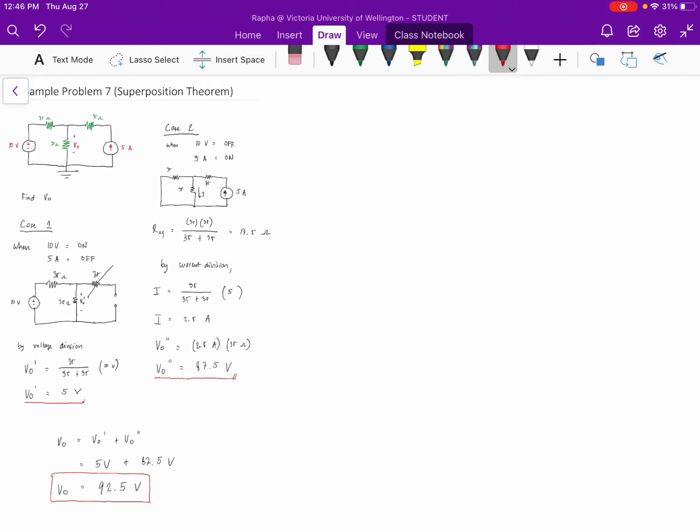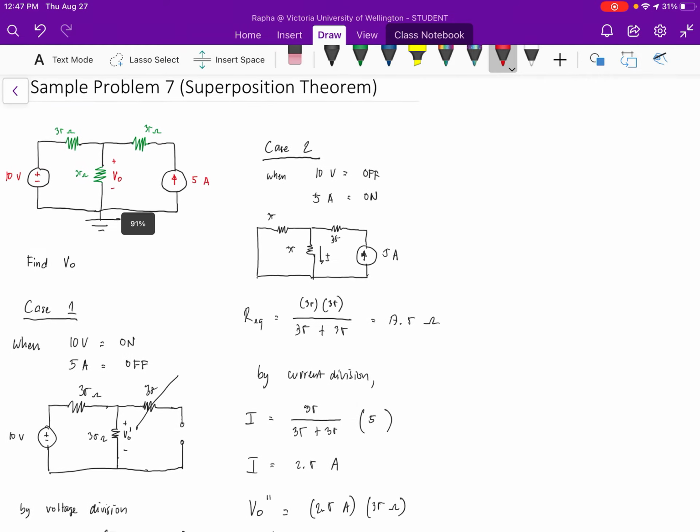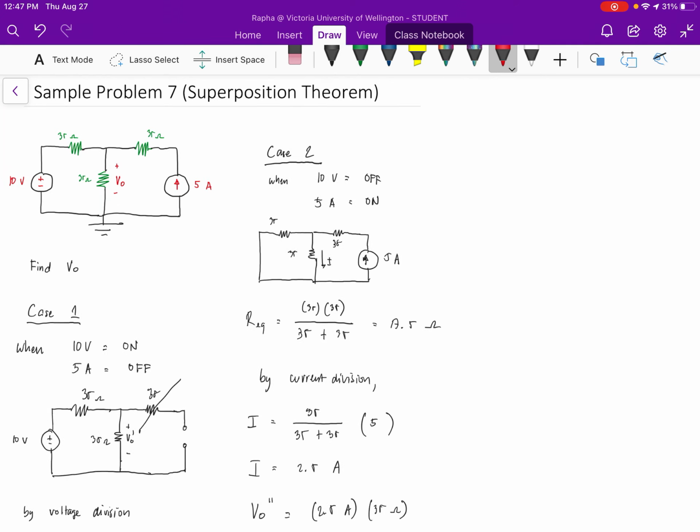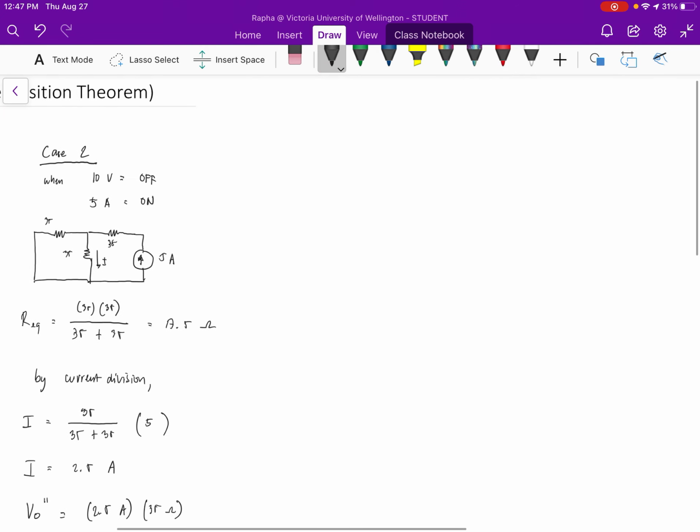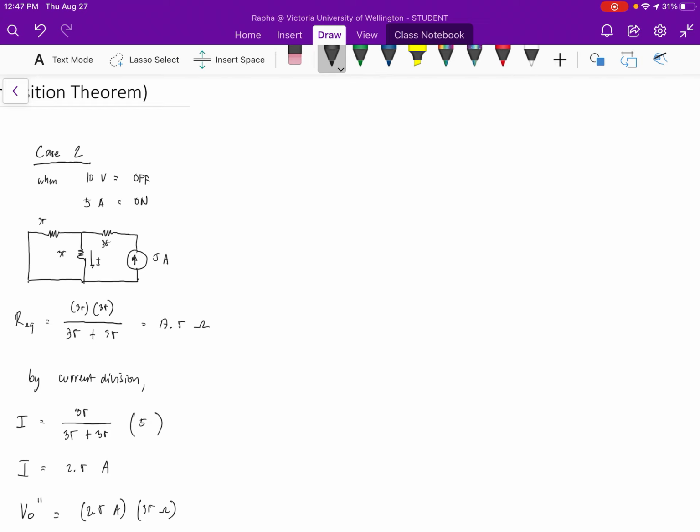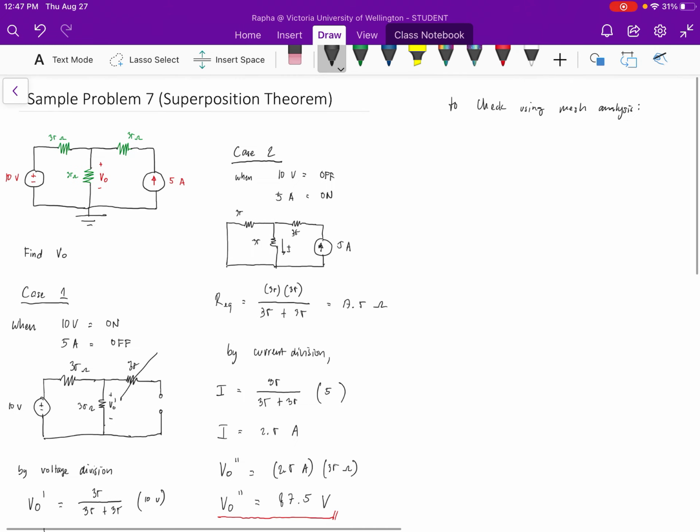But to check this solution, I would like to execute another form of solution using mesh analysis. So I would like to draw here to check using mesh analysis, just drawing the original circuit.